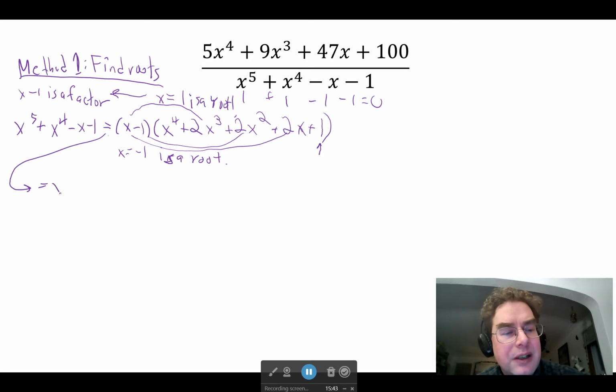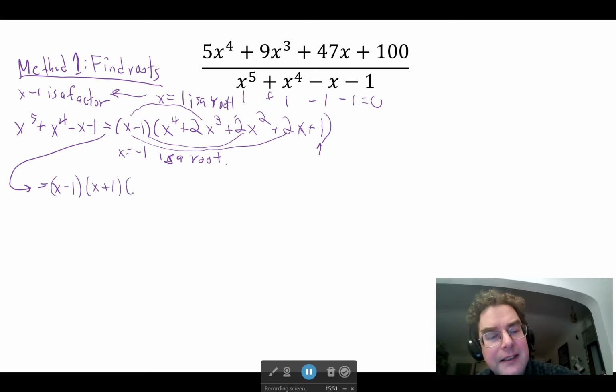This is going to equal, it's also going to have a factor. Yes, we have the x minus 1 factor, but now we have x minus -1 as a factor. That's x plus 1. Okay, so now going through that same kind of process that we went through before, we're going to have an x cubed here. And let's see, I think we're going to also get an x squared, because now this will give us x cubed plus x cubed.